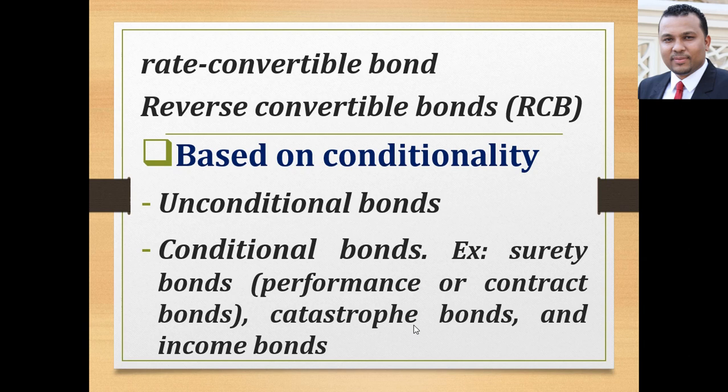The major investors in the market of catastrophe bonds are institutional investors, not personal. Institutional investors like hedge funds, pension funds, and other institutions invest in this market.